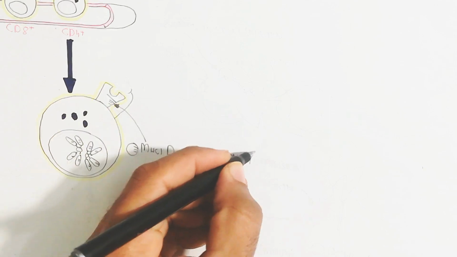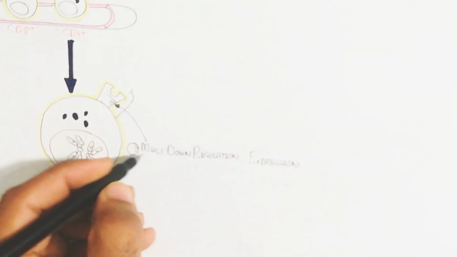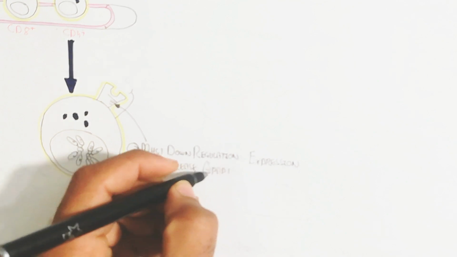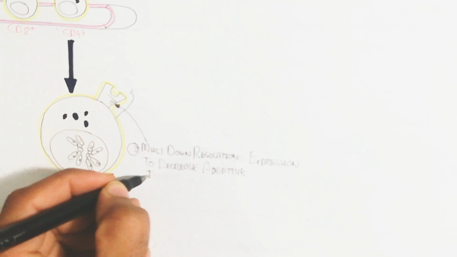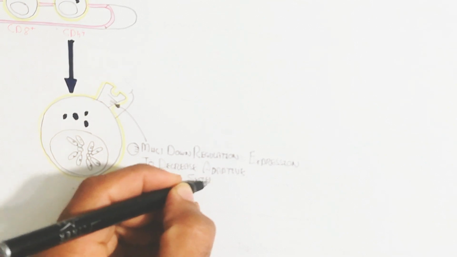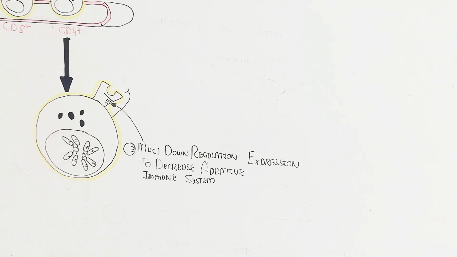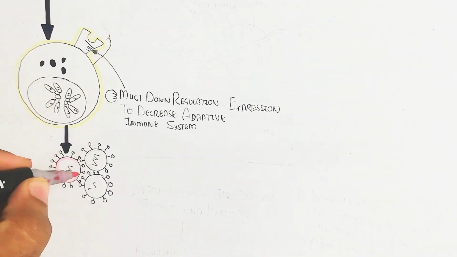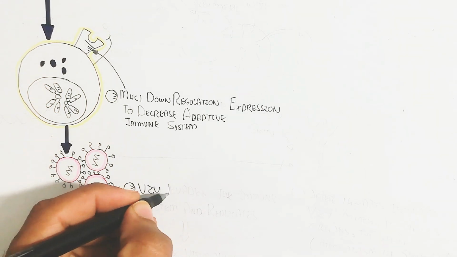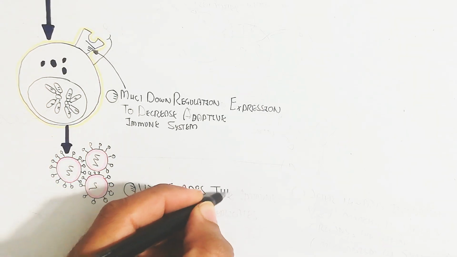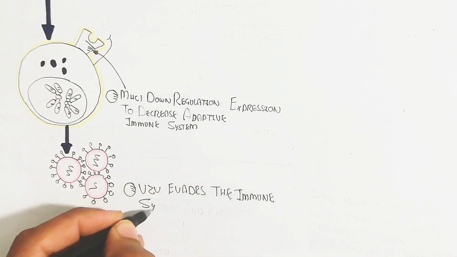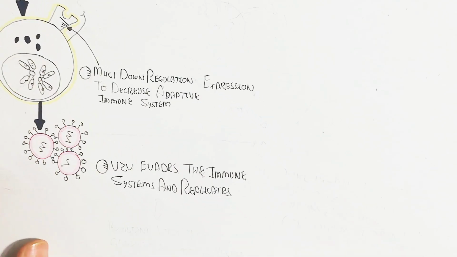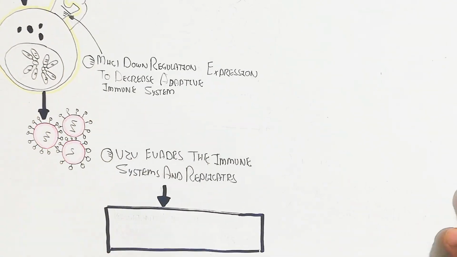In this way the recognition of antigen through CD4 will be decreased, and when the MHC class 1 molecule for the recognition of the antigen as a virus diminishes, the virus gets the chance to replicate more, and after the replication the virus itself will inhibit the MHC class 1 molecule, and the VZV evades the immune system and replicates.